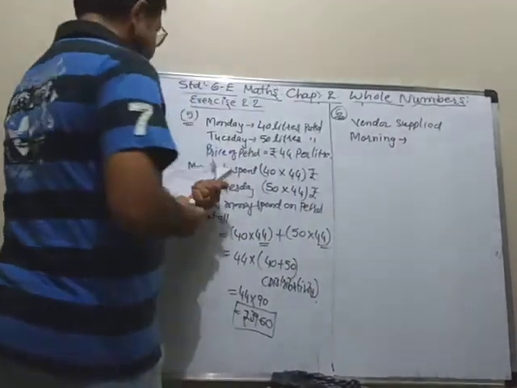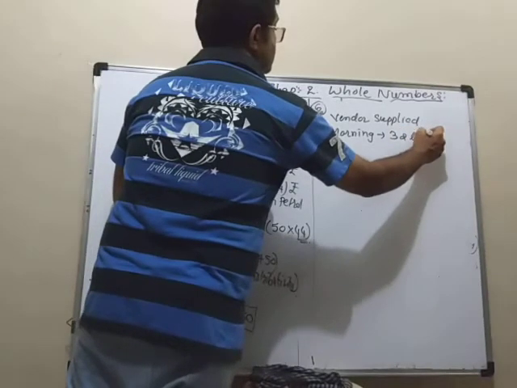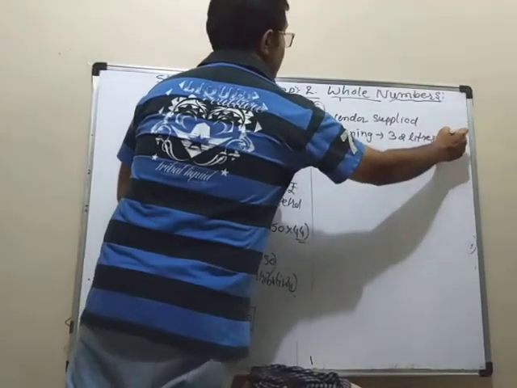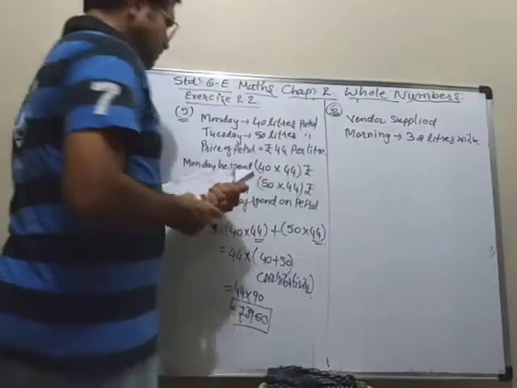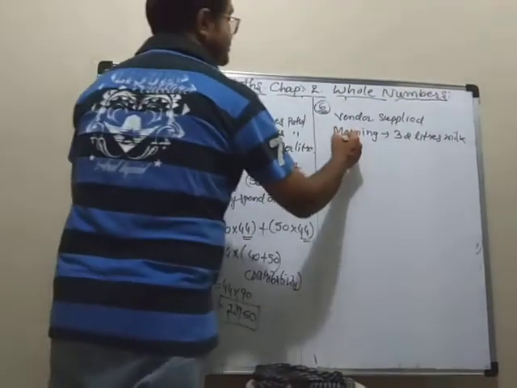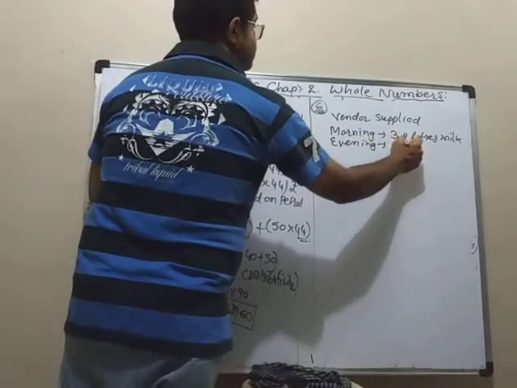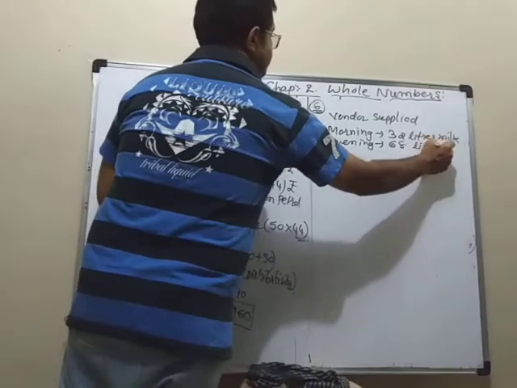How many liters did he supply? 32 liters. And in the evening, 68 liters. Evening time, he supplied 68 liters of milk.